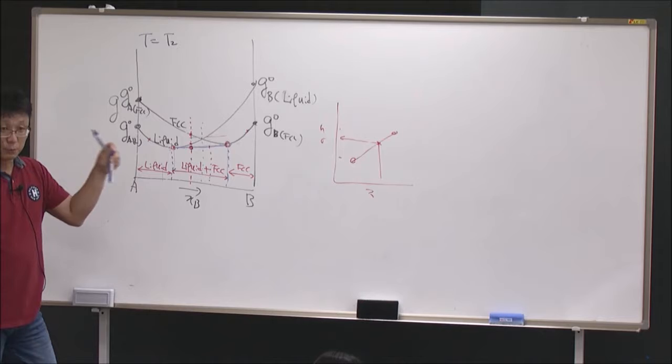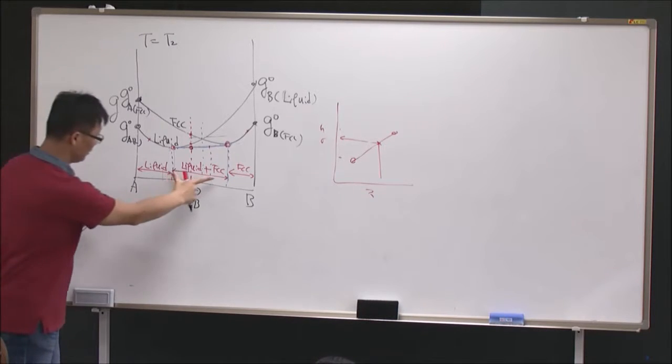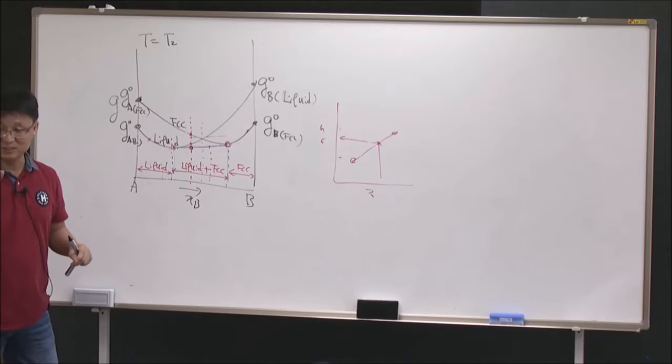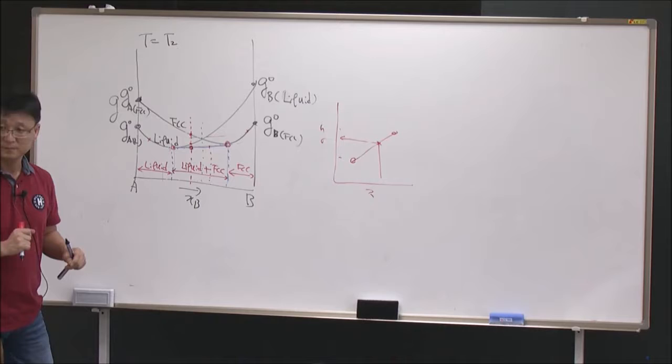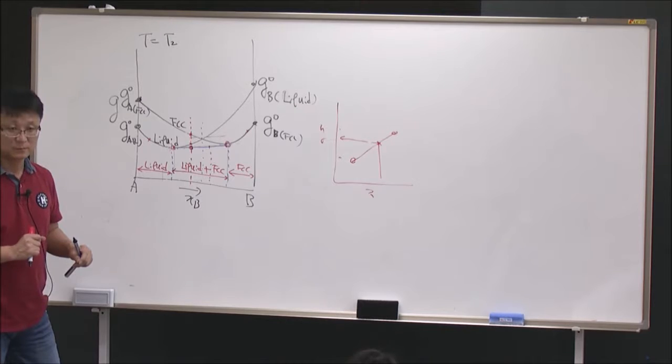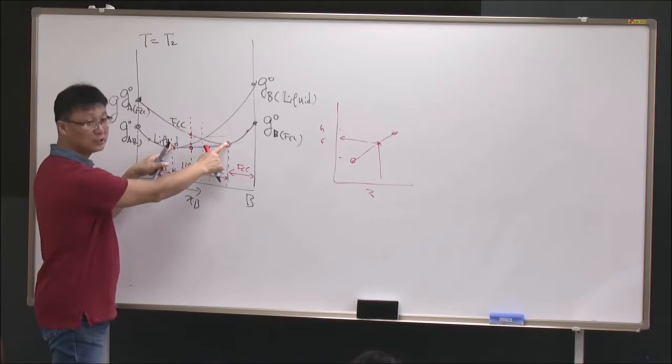However, the composition of liquid and the composition of solid existing together within this entire range is still the same. Composition is the same. Amount is different. Do you get it? Composition is not changing because those are the two cotangent points.